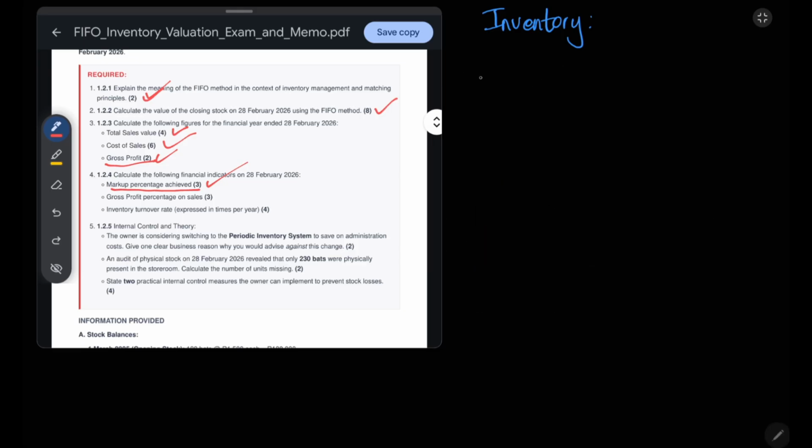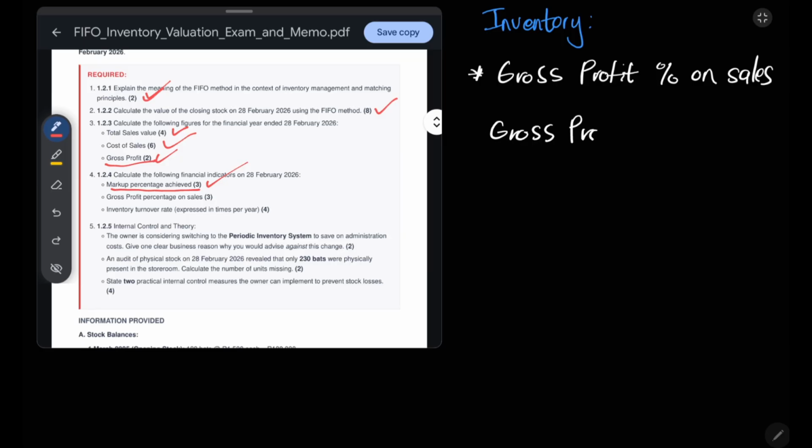Let's move to gross profit percentage on sales. So your formula for gross profit on sales is gross profit over, let's say, sales or total sales.